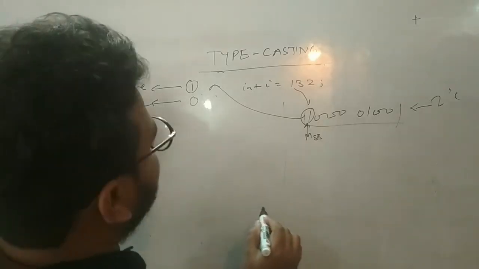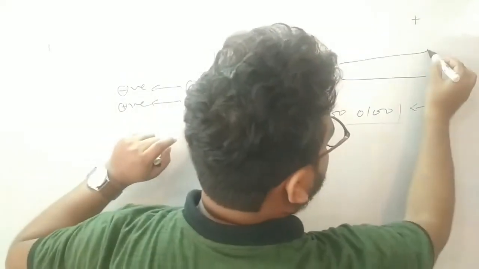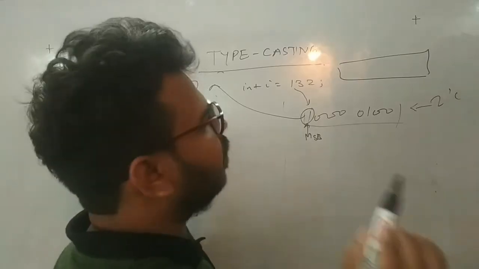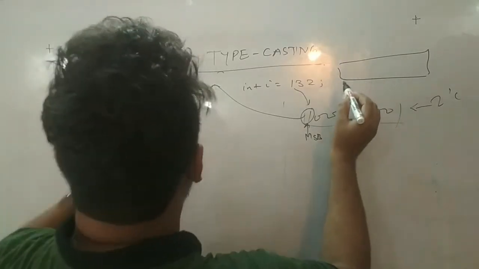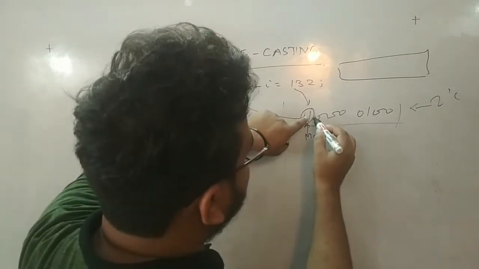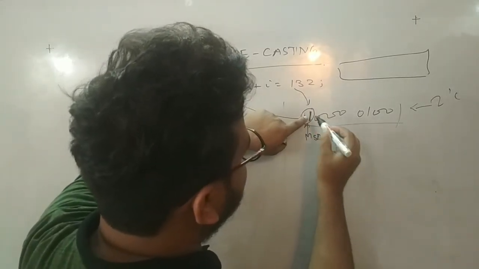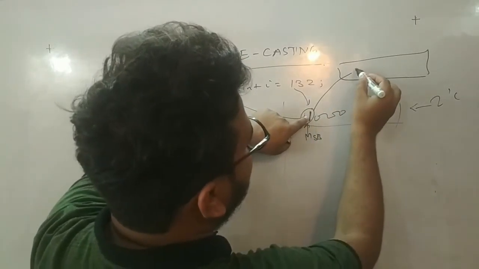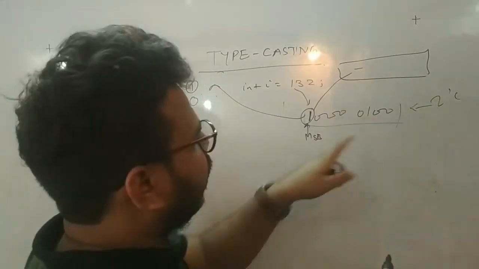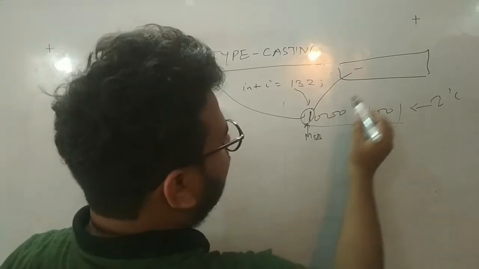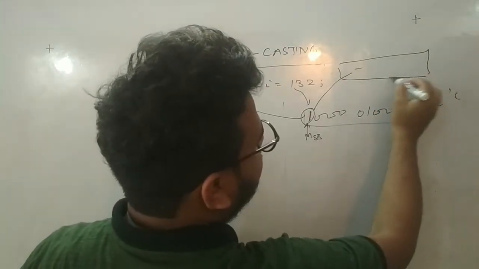So in the Eclipse console where we saw the output for 132, because of this most significant bit being 1, we are going to have a negative number, meaning in the console we will have this minus sign. Now what will be the magnitude here?